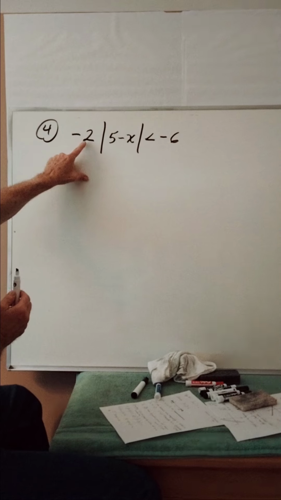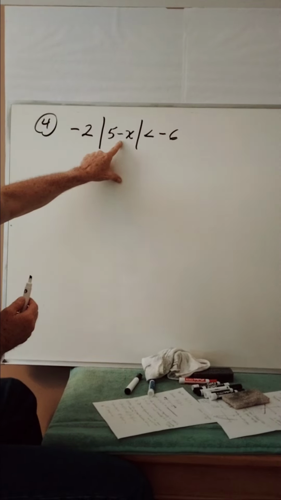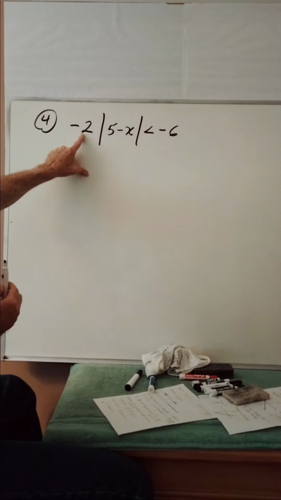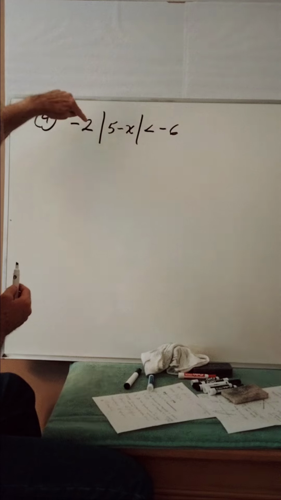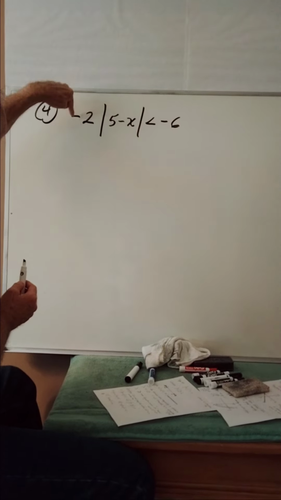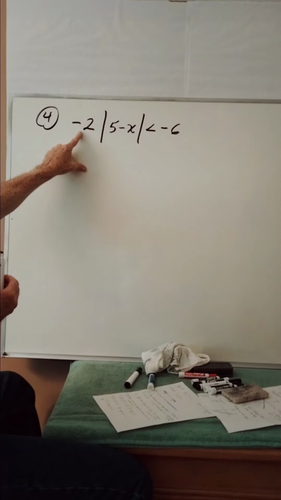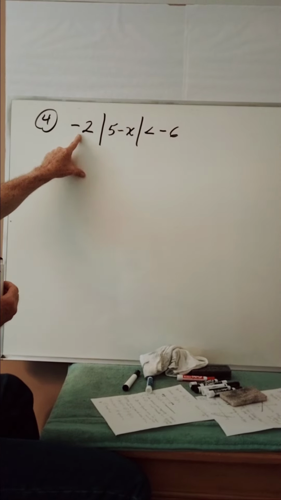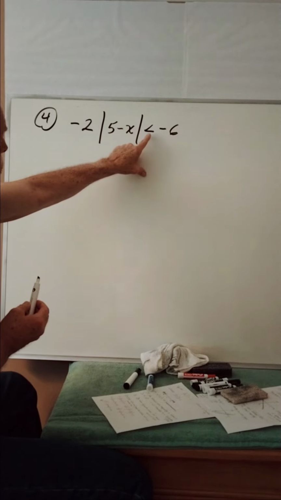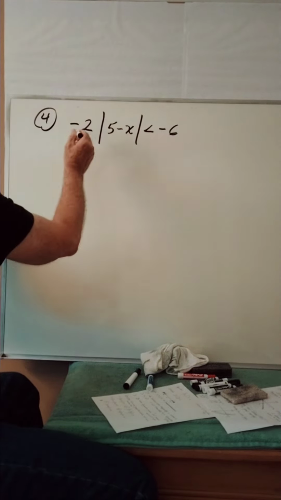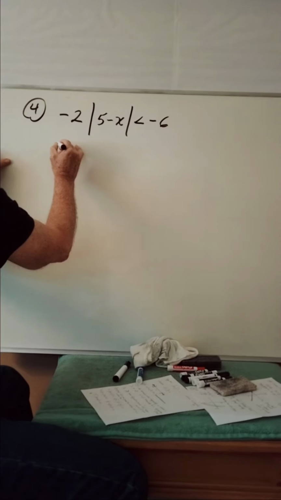Because the first step is to isolate that absolute value expression, and we have to get rid of that negative 2. The way we get rid of it, because it is a factor, there's a times sign right there, is by dividing this side by negative 2. And because it's an inequality, when we divide by a negative, it's going to have to reverse. So I'm going to bring it down fresh.